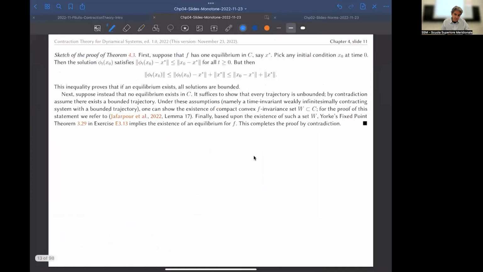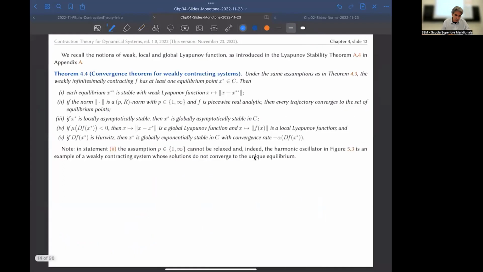All right, fine. So the second theorem I want to show you goes like this. Sorry, this is very dense. It says, suppose I have a weakly infinitesimally contracting system which has at least one equilibrium point. It exists, but it is not necessarily unique. Now I would like to give conditions to ensure that my flow converges to that equilibrium.